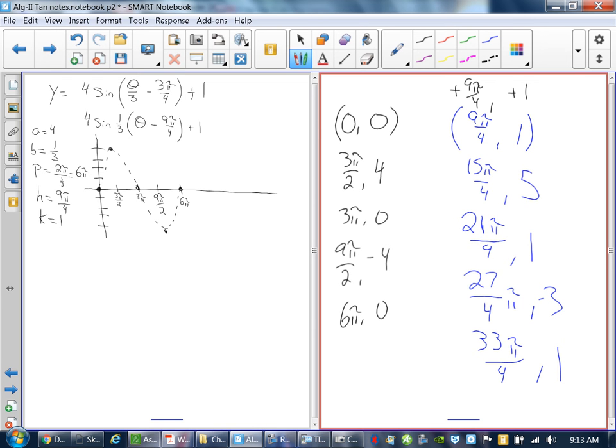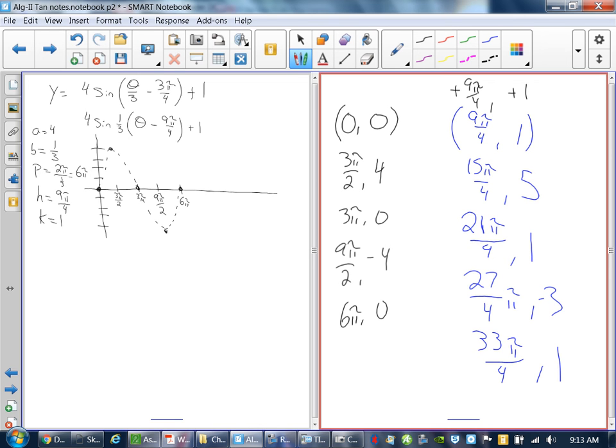Now, it might not be a bad idea at this point to restate where your breakpoints are going to be. Now we know that 33 pi over 4 is going to be the last point all the way out there. Are we okay with that? So we want to approximate here. 4 goes into 33 how many times? 8 and change, right?